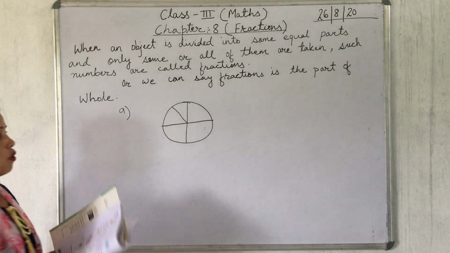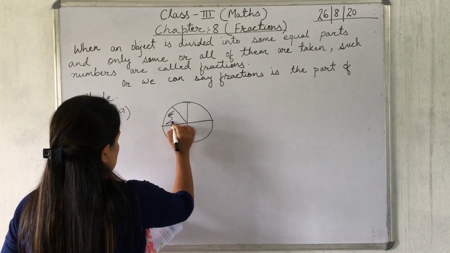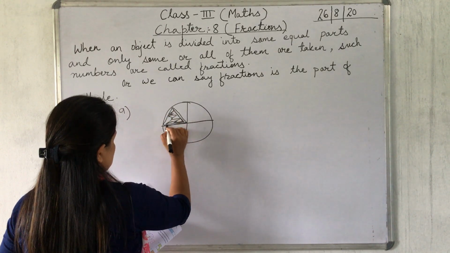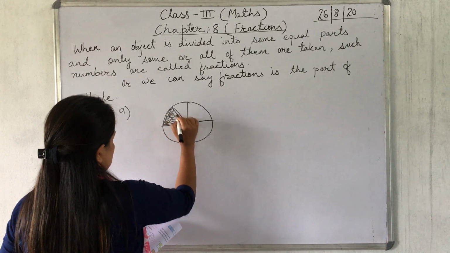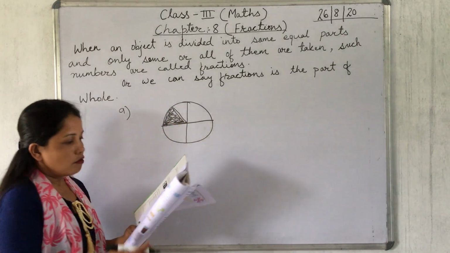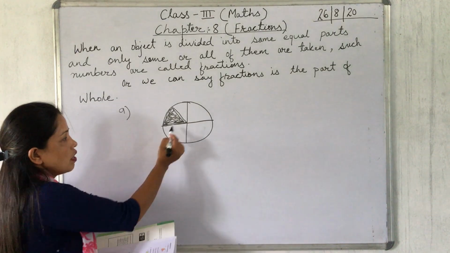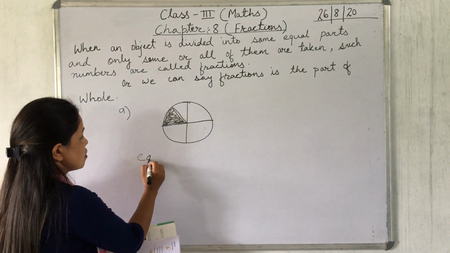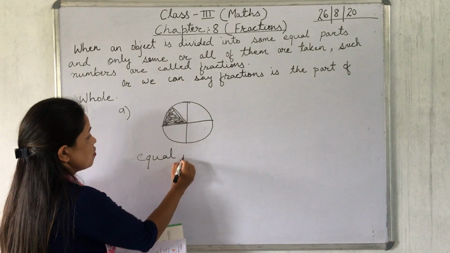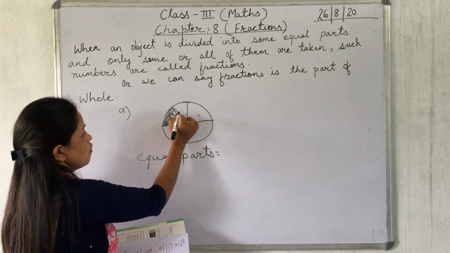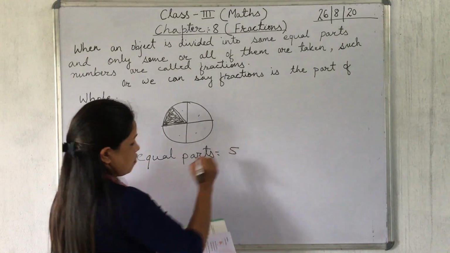Understood? So, one part is shaded. Now, the question is, how many equal parts are there in this circle? 1, 2, 3, 4, 5. Isn't it? 5 equal parts.